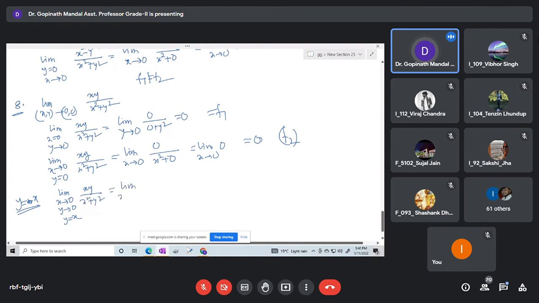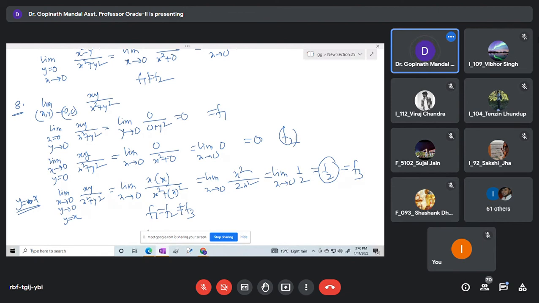This will be limit as x tends to 0, put the value of y equal to x: x square by (x square plus x square), so x square by 2x square. So the limit is half. That is f3. So f1 equal to f2 but not equal to f3. That means the limit does not exist.